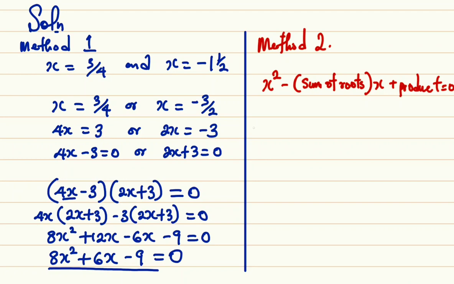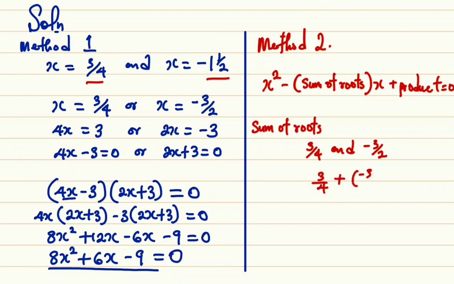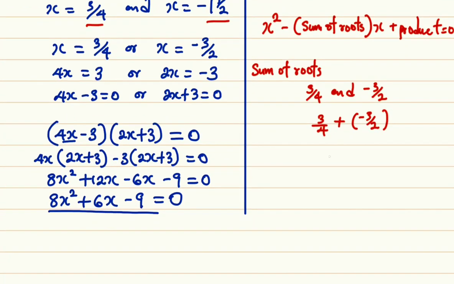Now what I'm going to do is pick the sum of roots. Remember, the roots are 3 over 4 and minus 3 over 2. So for the sum of roots, I'm going to have 3 over 4 plus minus 3 over 2, which is the same thing as saying 3 over 4 minus 3 over 2.